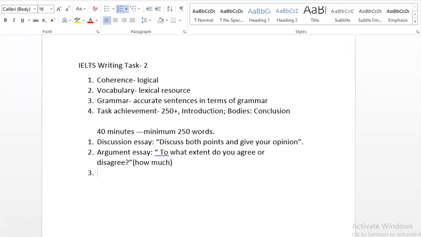Well, let's continue. The next part is the outweigh essay. It's also one of the common topics. How does the question come? The question says: do the advantages of this idea, it depends on the topic, outweigh the disadvantages?